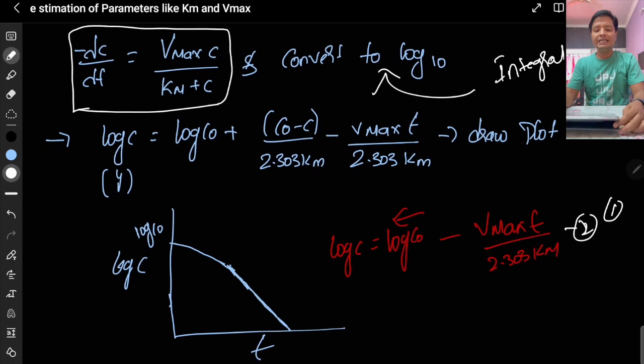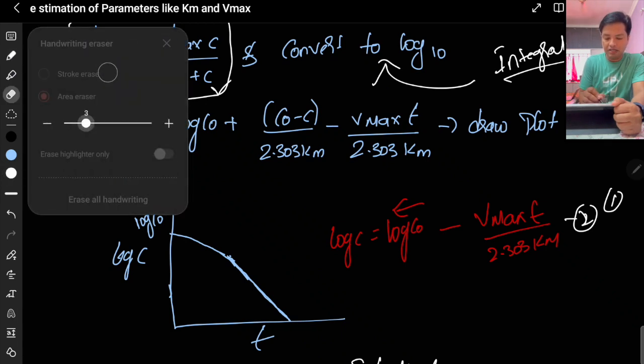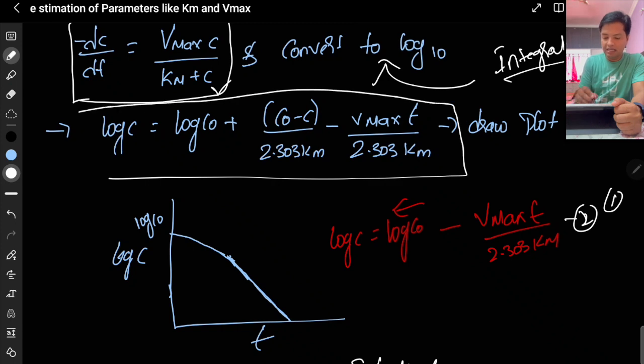If you do that, you will end up with the following equation. So if you integrate the Michaelis-Menten equation and convert it into log base 10, you will get this equation.